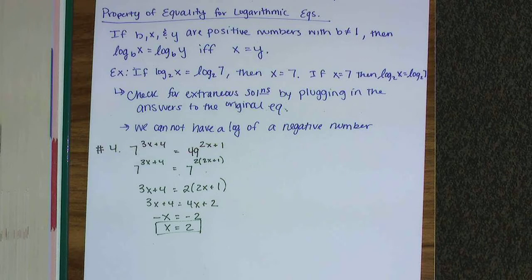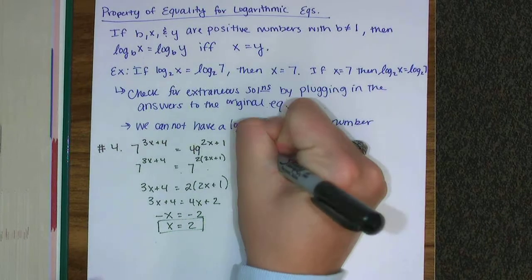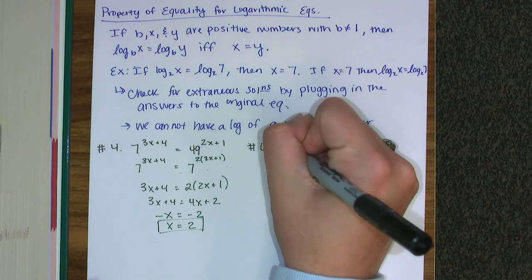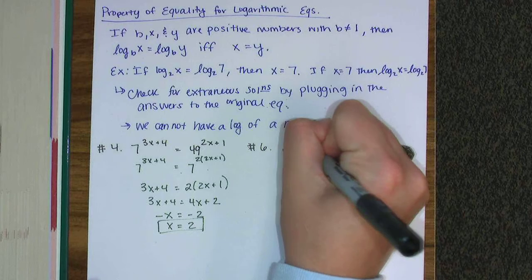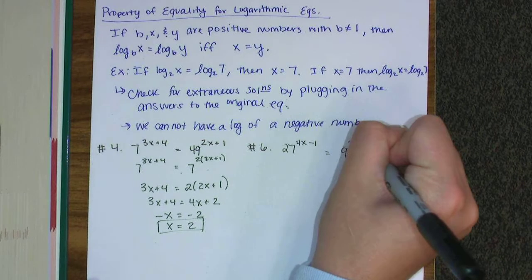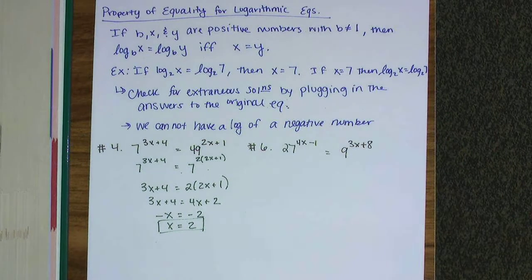So what if we have something like 6, though? 6 is 27 to the 4x minus 1 is equal to 9 to the 3x plus 8. Well, 9 and 27, their only relationship is using 3.